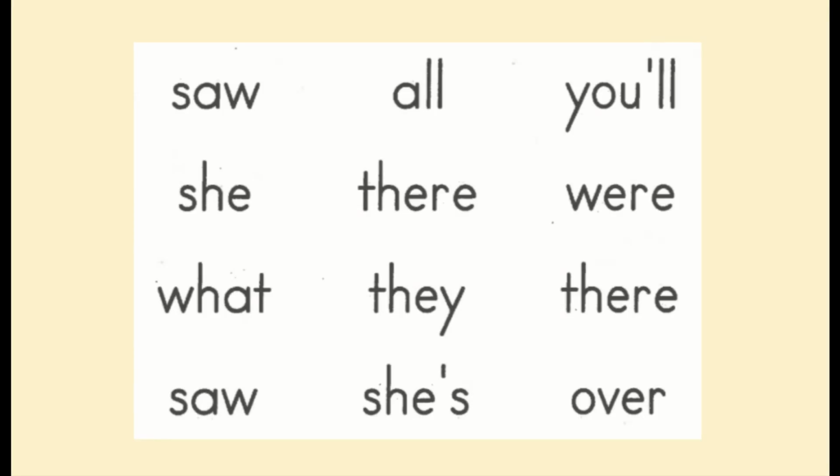Now let's practice reading and spelling our sight words. Ready? Saw, S-A-W, saw. All, A-L-L, all. You'll, Y-O-U apostrophe L-L, you'll. She, S-H-E, she. There, T-H-E-R-E, there. Were, W-E-R-E, were.